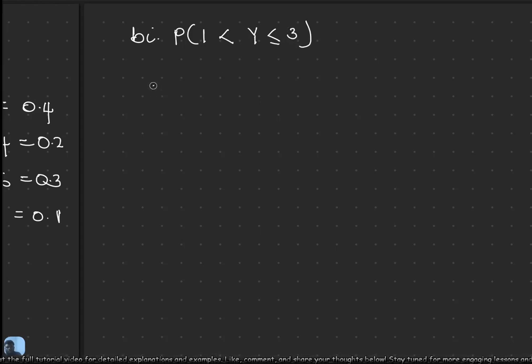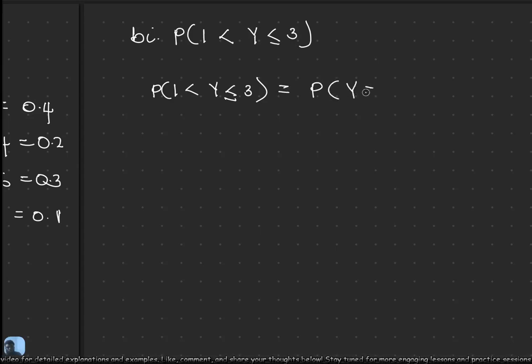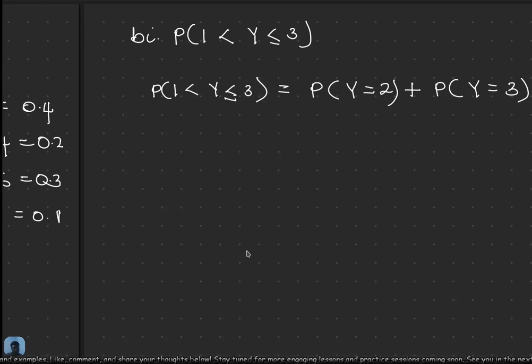We know that this here simply means we are looking for the probability of y being equal to 2, you see, plus the probability of a random variable y being equal to 3. You see, because they said it is greater than 1. Hence, you don't start from 1. And then less than 3, meaning you won't get to 3, but then they said or equal to. That is why we included 3.